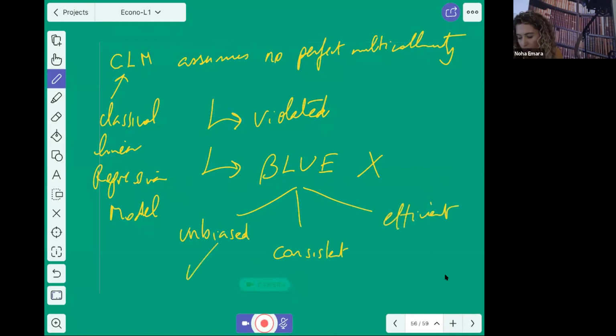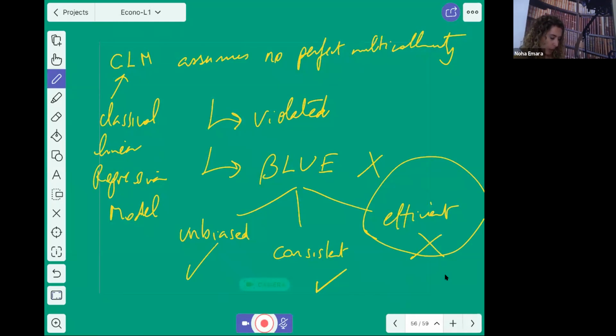It's still unbiased, it's still consistent, but it's no more the smallest variance. So multicollinearity is again a variance problem. It's like heteroskedasticity, what we were talking about now. It's a variance problem.